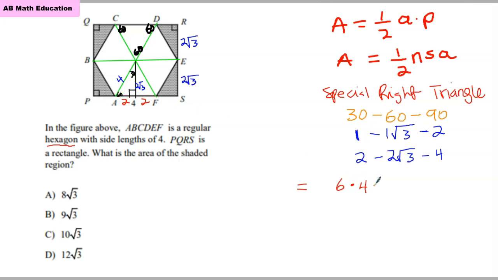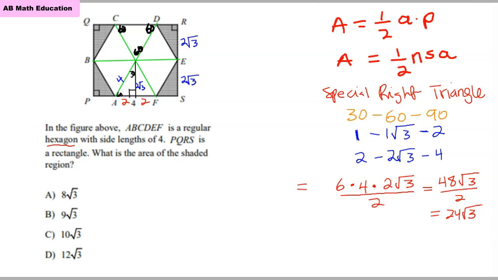So 4 times the apothem, which we got to be 2√3, and all divided by 2. It's from the formula. So here we get 48√3, all divided by 2, and that will give us 24√3.